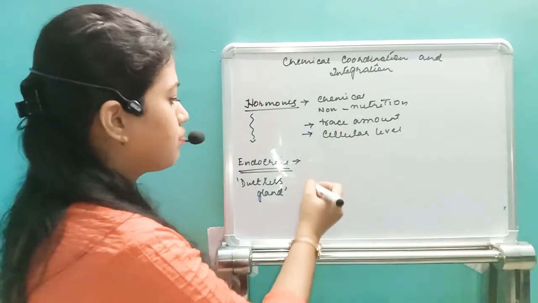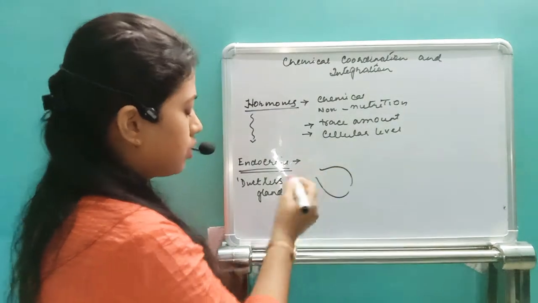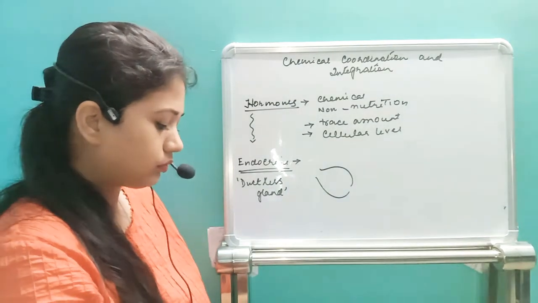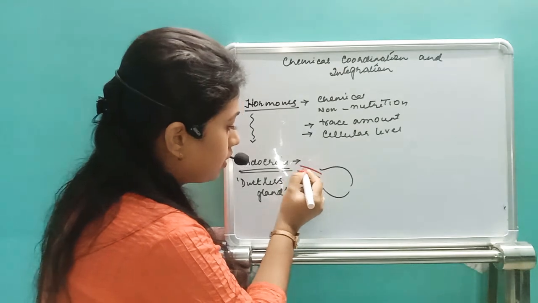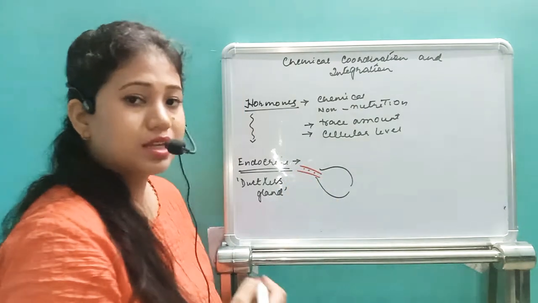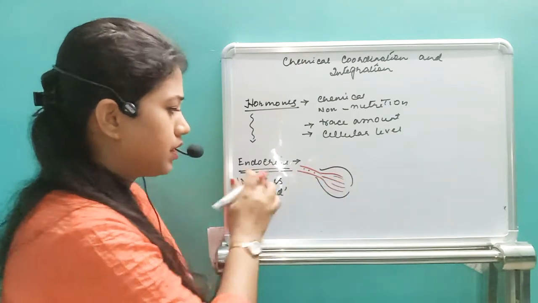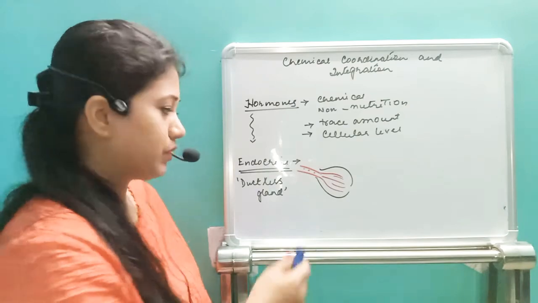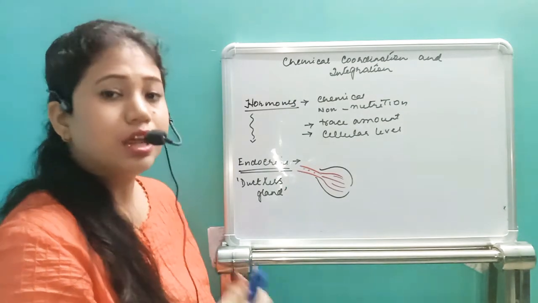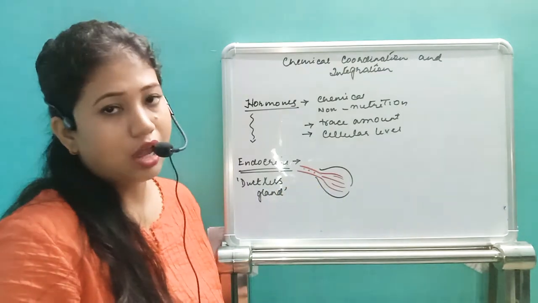So first of all, suppose this is a gland. Here the blood vessel will enter. This blood vessel will carry the nutrients and gases to the endocrine gland, so the gases and the nutrients will diffuse into the endocrine gland.